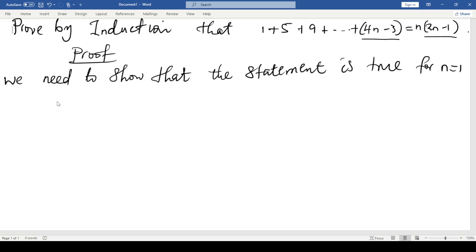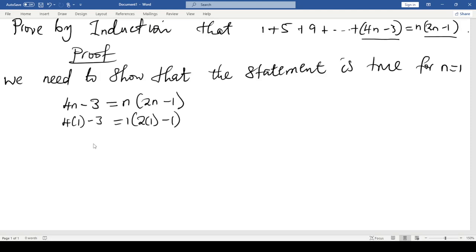So meaning that there, we're simply going to get our 4n minus 3 equal to n(2n minus 1) like this here. So now, where there's n, we're going to substitute with 1 there, so that's going to be 4 multiplied by 1 minus 3 being equal to 1 times (2 multiplied by 1 minus 1).